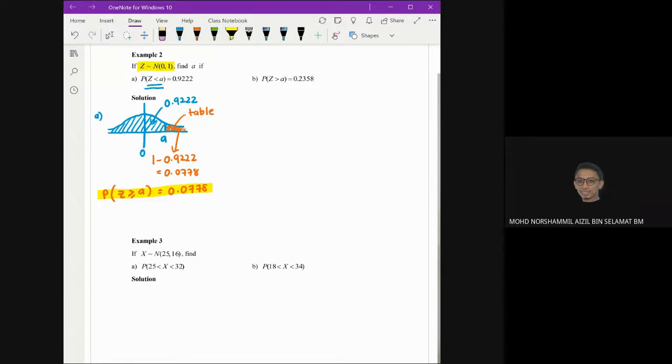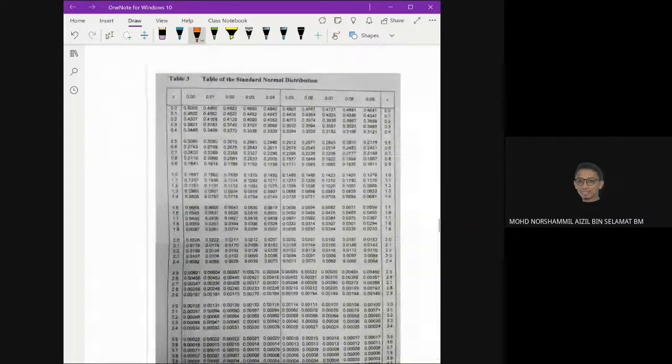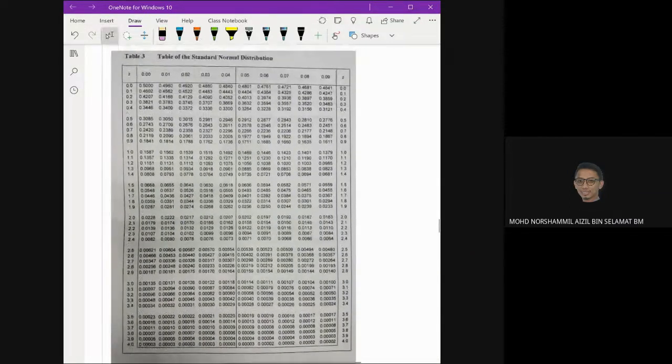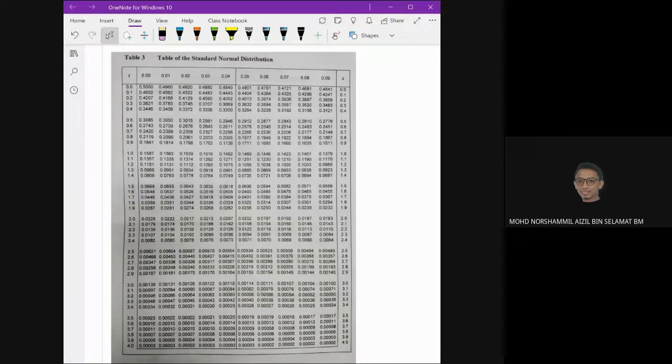Give me a second, I want to erase and use the blue color. The probability of Z greater than or equal to A just now is 0.0778. Now let's read the table. Find 0.0778 in the middle of the table.